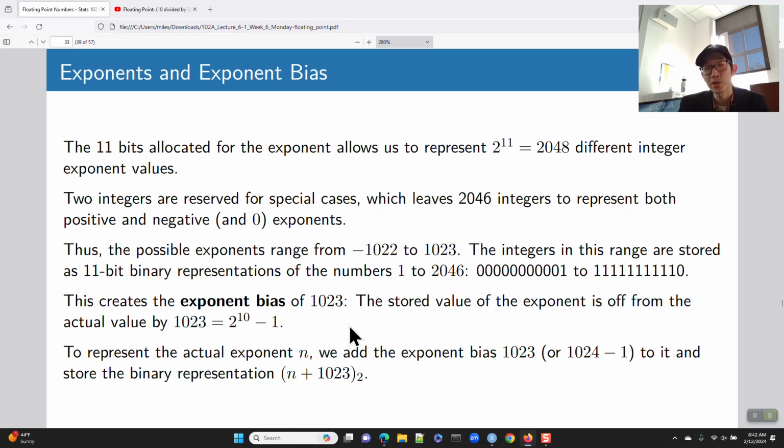If I do 2046 minus 1023, that gives me 1023. So the stored value of the exponent is off from this. If we turn this into decimal, you take this decimal value and you just subtract off 1023. That's equivalent to doing 2 to the 10 minus 1, so it's basically 2 to the number of bits minus 1, minus 1.